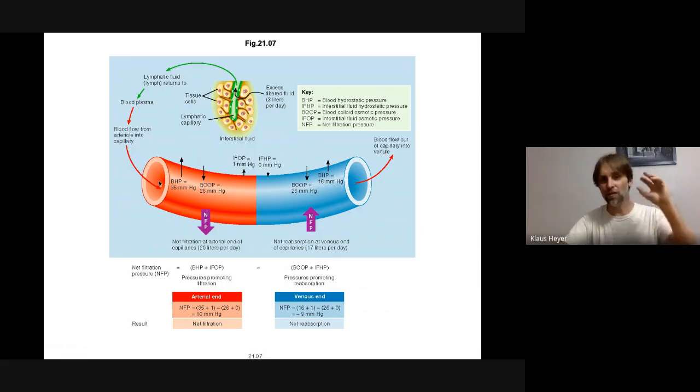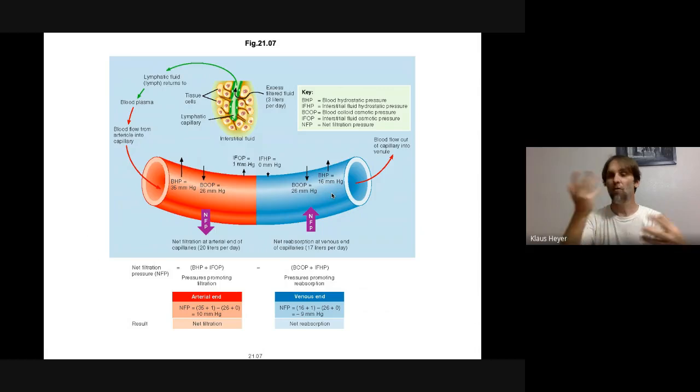Then as the blood continues through the capillary, you find more albumin inside the capillary, and that's the blood colloid osmotic pressure. You'll find more albumin in the plasma. Remember, albumin is one of the plasma proteins. That pulls the water back into the capillary.